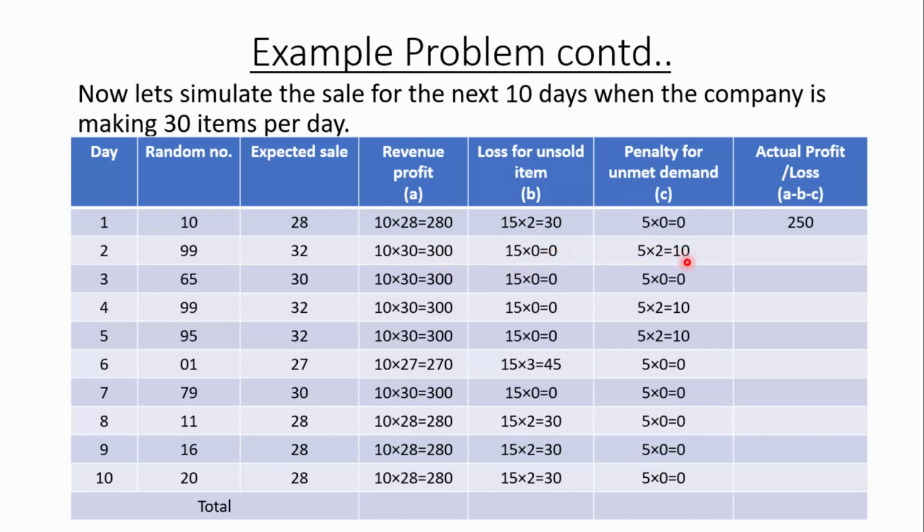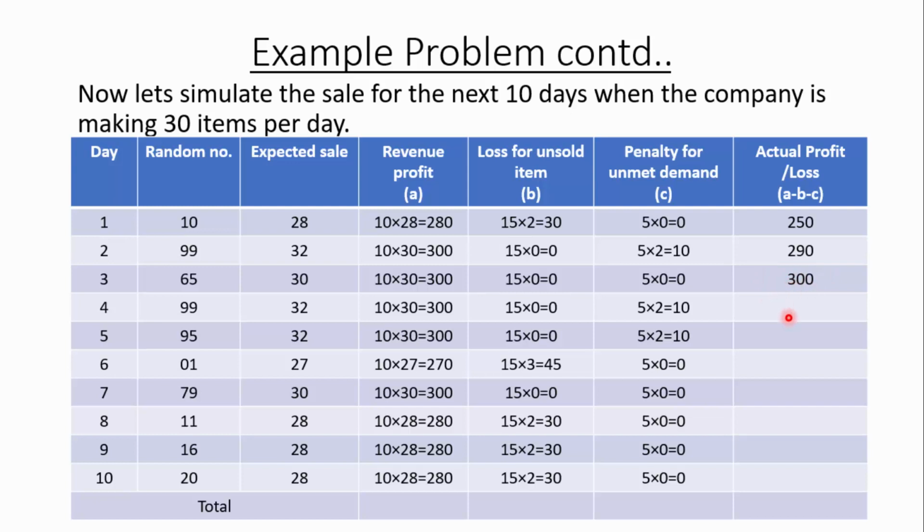This is 300 minus 10, which is equal to 290. Similarly, here the profit value is 300 minus 0 minus 0, so the actual profit here will be 300.